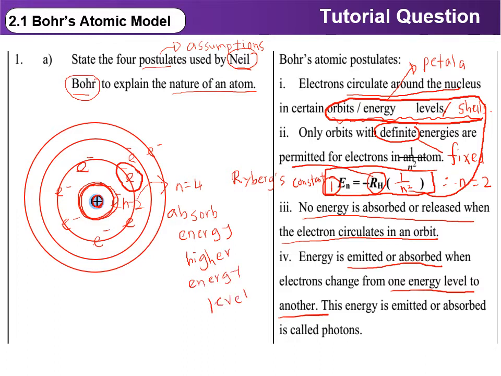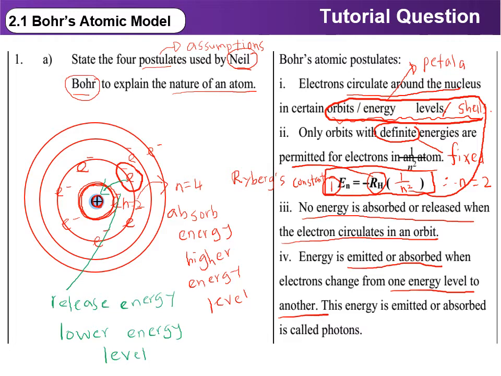However, if the electron at the second shell wants to move to the first shell, the electron will need to release energy if it wants to go to a lower energy level. Normally I ask students to remember going up a staircase: you need more energy, so absorb energy.